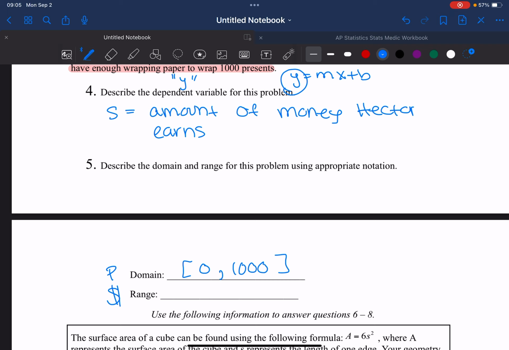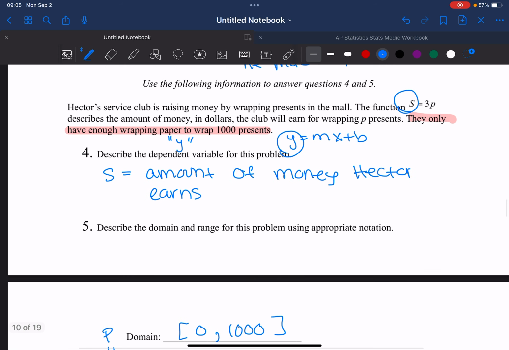So now looking at money, we have to go back and look at their equation here. So their equation up here is that S equals 3P. So the amount of money they make is 3 times the amount of presents that they wrap, which means that they are charging $3 per present.